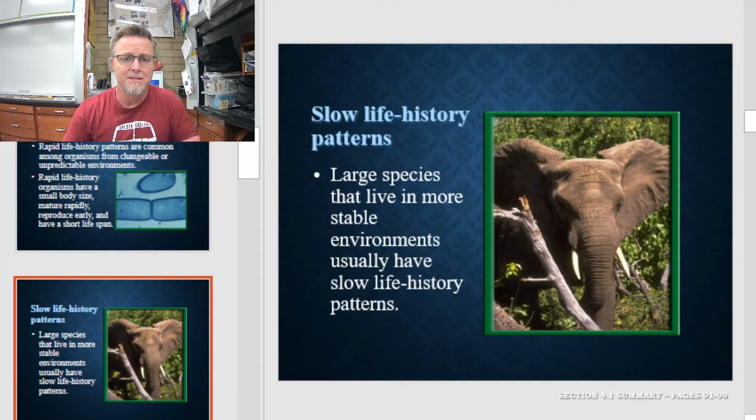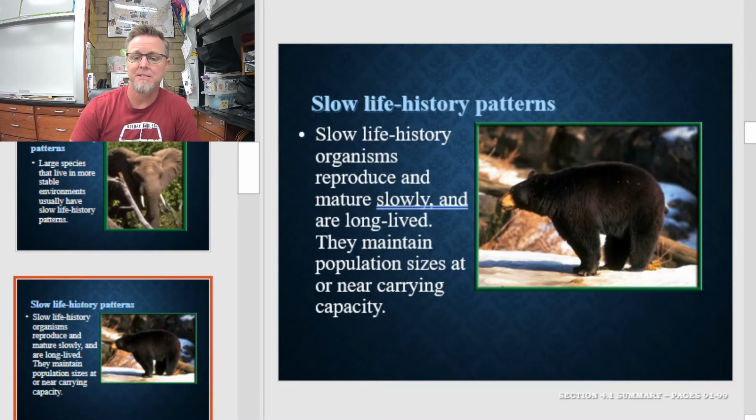The opposite of this is a slow life history pattern. Slow life history patterns are those that are employed by large species that live in very stable and slowly changing environments. The reason that a slow life history pattern is favored in these cases is because organisms that are in stable environments, well, they'll reproduce at a slow rate, they'll mature at a slow rate, and they'll live a really long time.